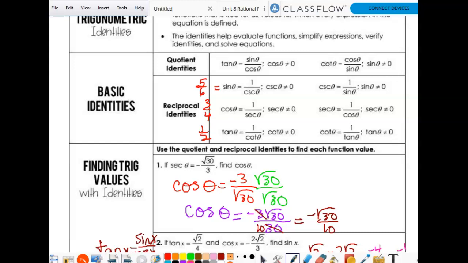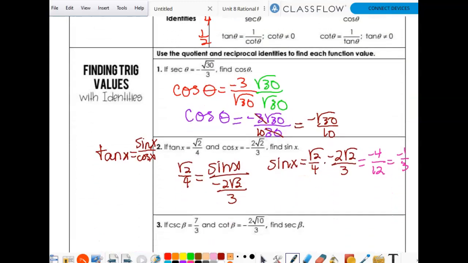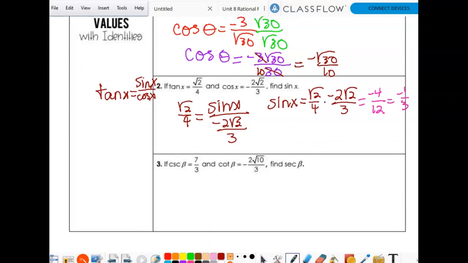But I don't have anything else. So, if my cotangent would be cosine over sine, what is the cosecant? What is that the reciprocal of? Sine. So if I flip it, does that give me my sine? So my sine is 3 over 7.